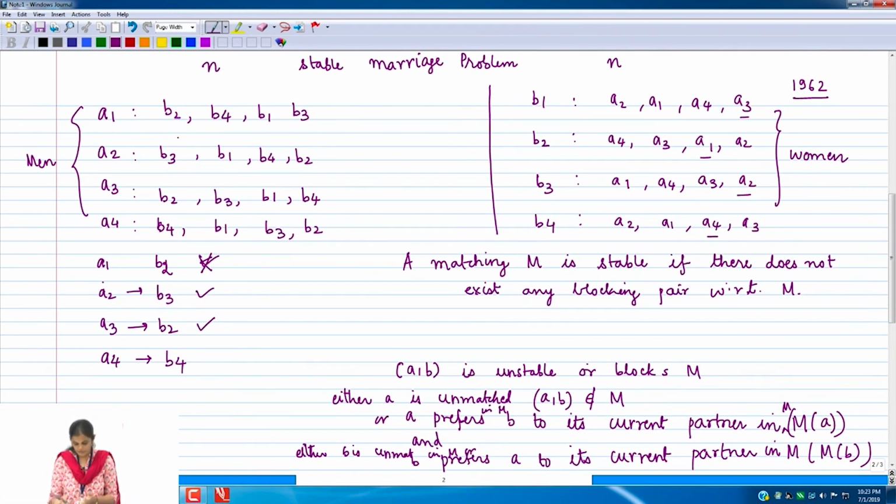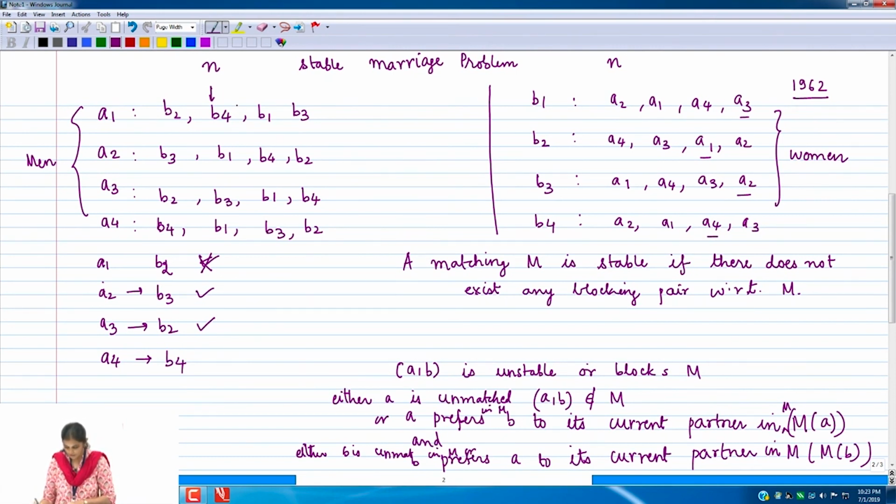There is no point, because that was where it got rejected. Even if it makes a proposal, it is going to get rejected because B2 is going to retain the better of the two. Therefore, A1 will propose to the most preferred woman on the preference list, to whom he has not yet proposed, which happens to be B4. So think mentally that there is a current pointer in the preference list and it is going in that order. So A1 proposes to B4.